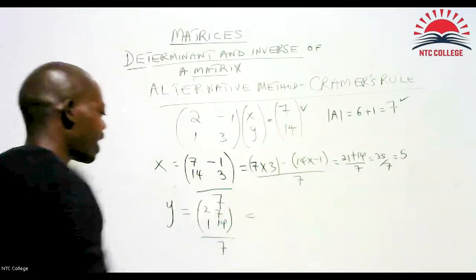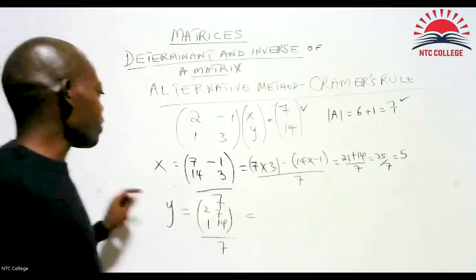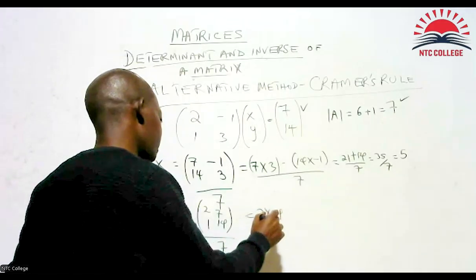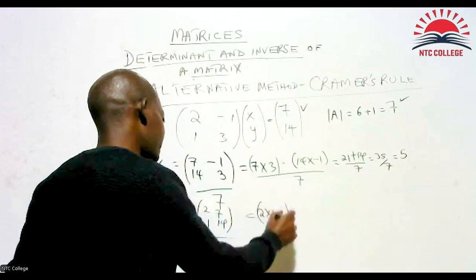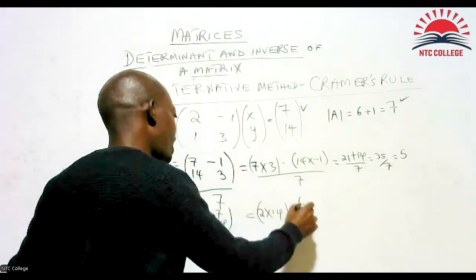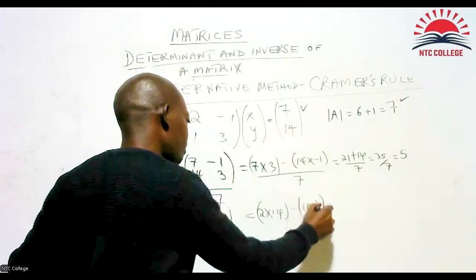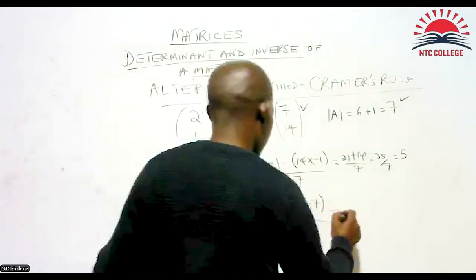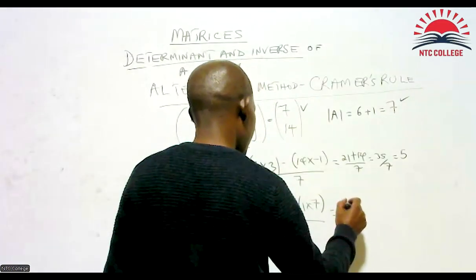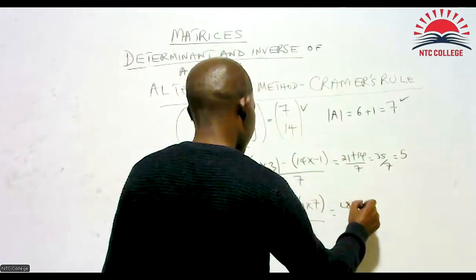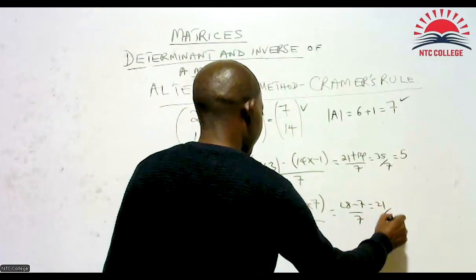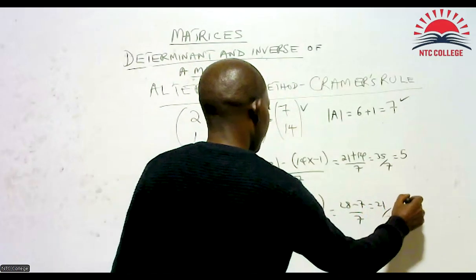And this one gives now 2 times 14 minus, bracket, -1 times 7, bracket, divide by the determinant 7. It gives 28 minus 7 all over 7, giving me 21 all over 7, and the value of y is 3.